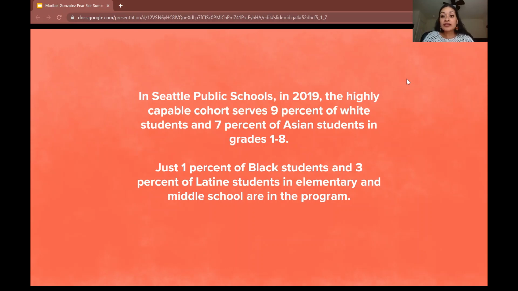So considering Seattle has some very racially and ethnically diverse schools, if you were to just look at a classroom, you can tell if it's a classroom for advanced learners or not.